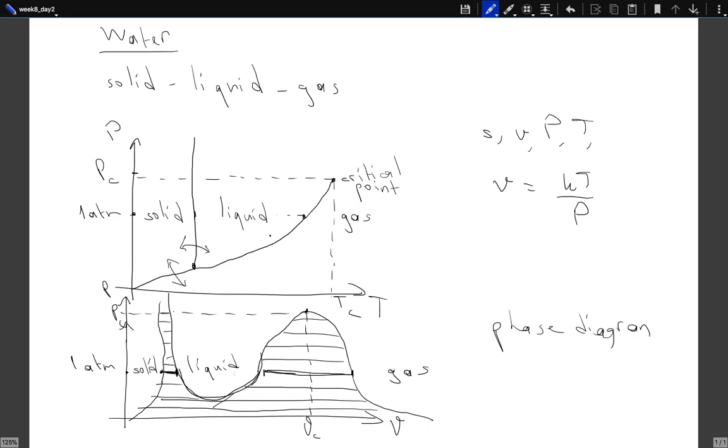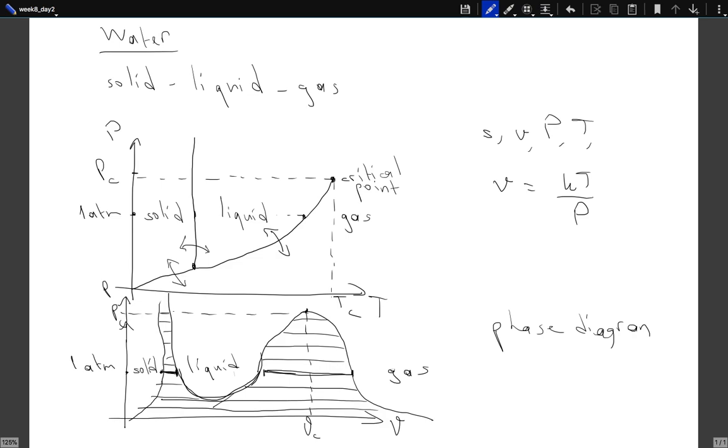Here also, it's a first-order change from liquid to gas. But at this point, it's no longer a first-order change. The thermodynamic properties change continuously, but their higher-order derivatives will still change discontinuously. So that's what's called a second-order phase transition. Well, the names basically derive from whether the thermodynamic properties are discontinuous or not, or their higher derivatives are discontinuous or not.